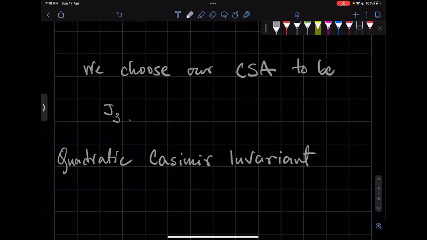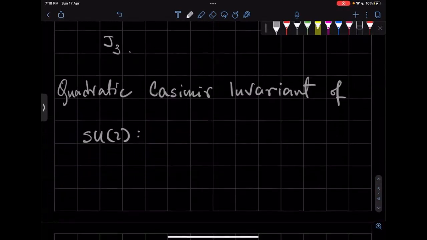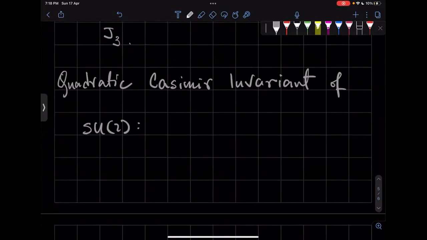So what is a Casimir invariant of SU2? Before I do that, let me just give you a little bit of background. If you remember, we discussed Schur's lemma.